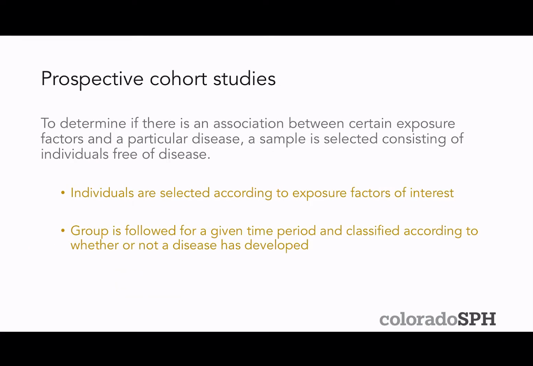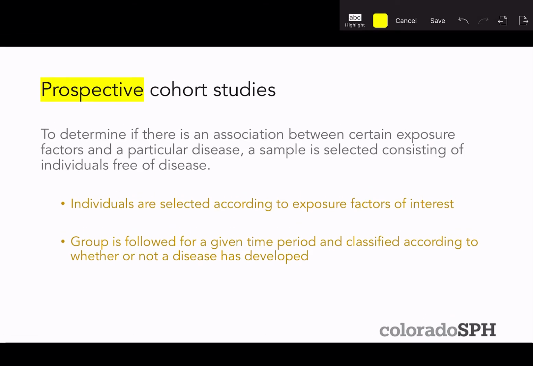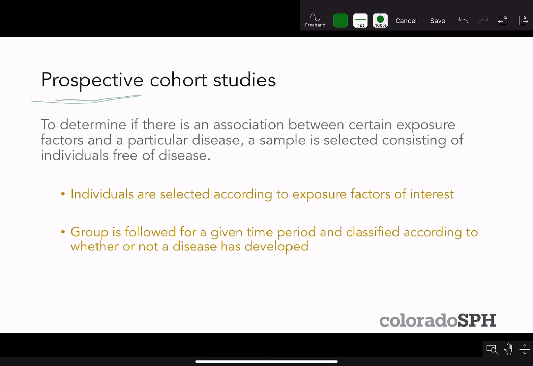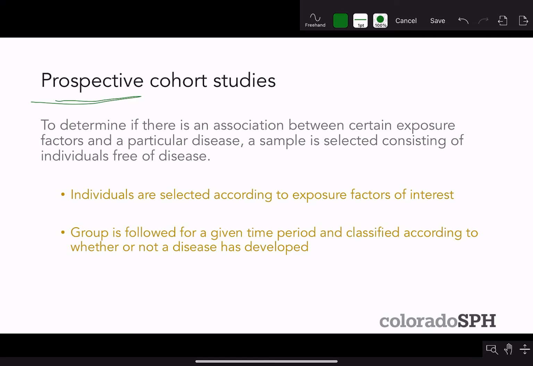Prospective cohort studies, prospective meaning ones that look forward in time, are used to determine if there is an association between certain exposure factors and a particular disease. A sample is selected consisting of individuals that don't have the disease.